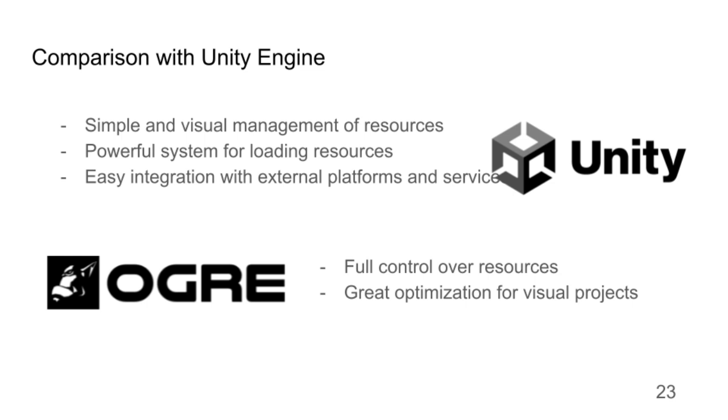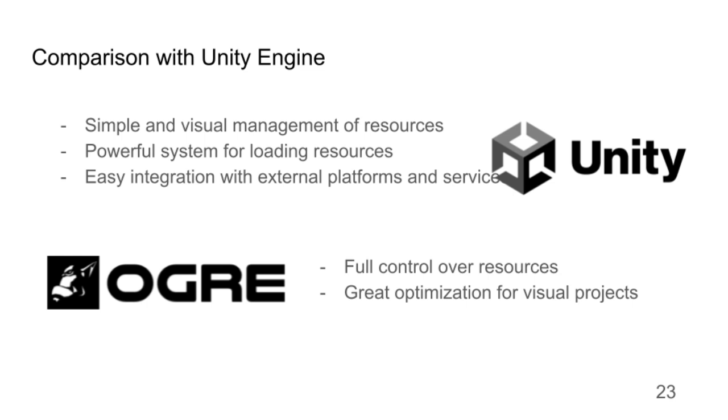Comparison with Unity Engine. It is important to note that OGRE3D is a graphics engine focused on rendering and resource management, whereas Unity is a full game engine with integrated resource management and a set of tools designed to simplify asset usage in games. Ignoring the fundamental differences, such as Unity's built-in asset system and features that OGRE3D lacks, we can compare their strengths.